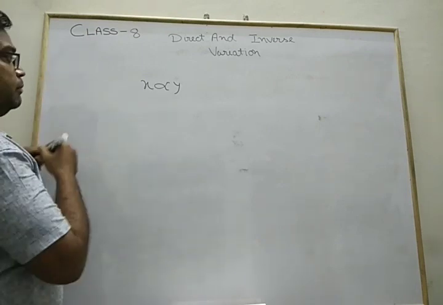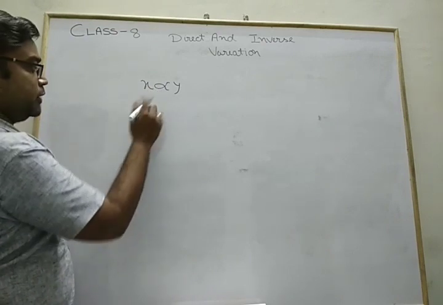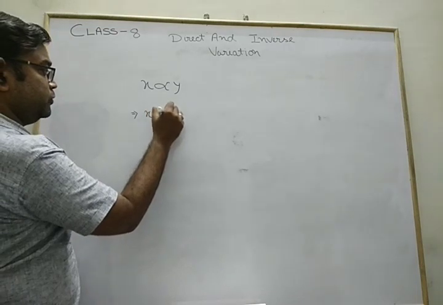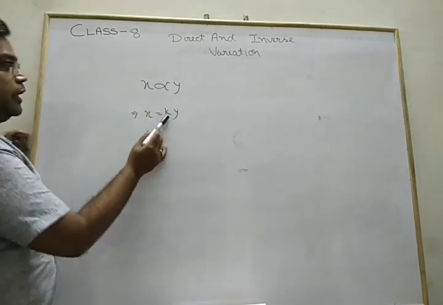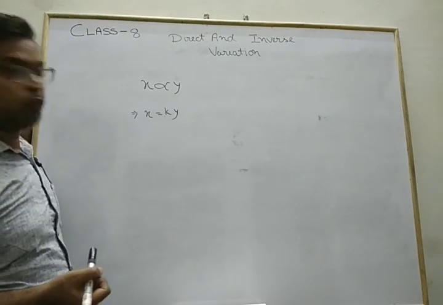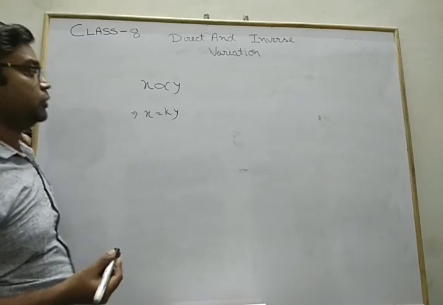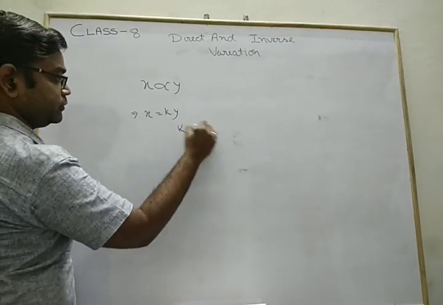Now, we can simplify this. We can remove the sign of variation by using x equals k into y, where this k is known as your constant of proportion or constant of variation.